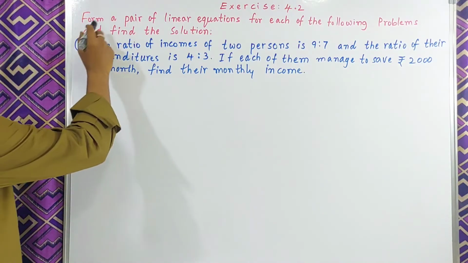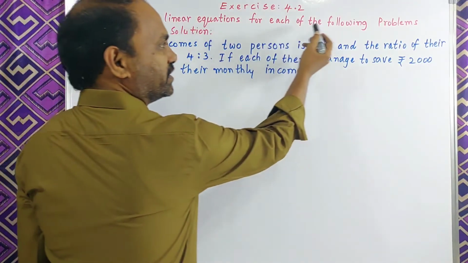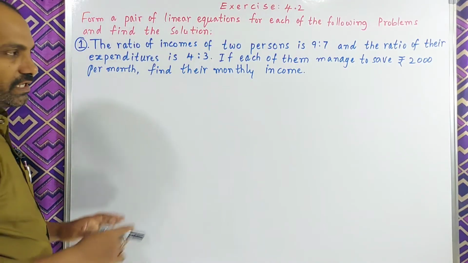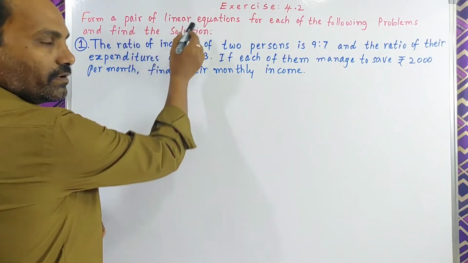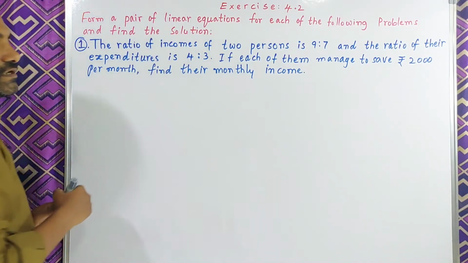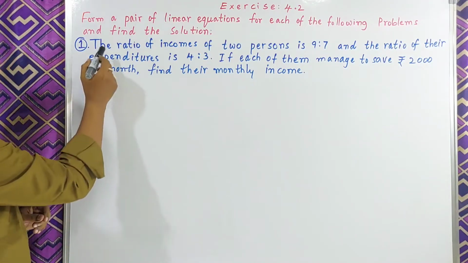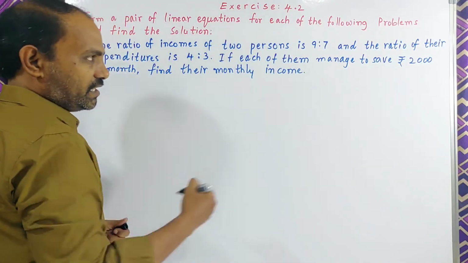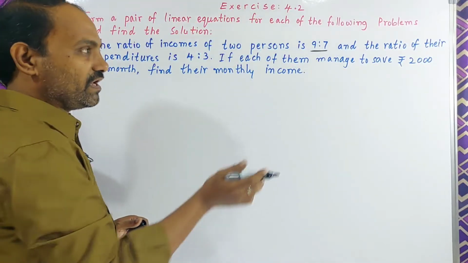Look at this one. Form a pair of linear equations for each of the following problems and find the solution. You should form the linear equations first. What is given in the question? The ratio of incomes of two persons is given as 9:7, but the incomes are not given.